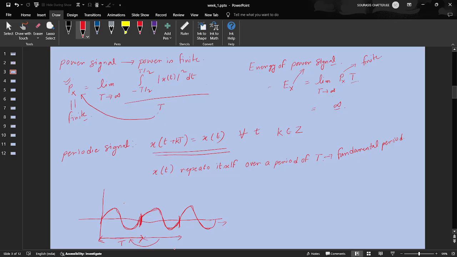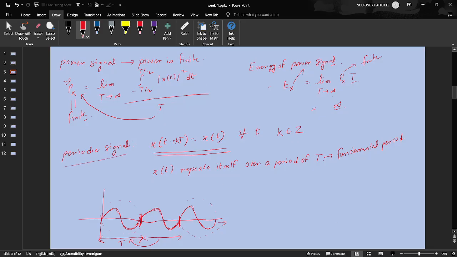It's like taking a snapshot over a period T, this snapshot here, or you can take this one, it doesn't really matter. Then you will know all about it, because from then onwards the signal is just repeating itself again and again. All information about it is hidden there.